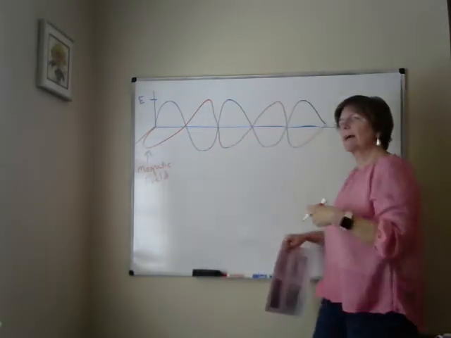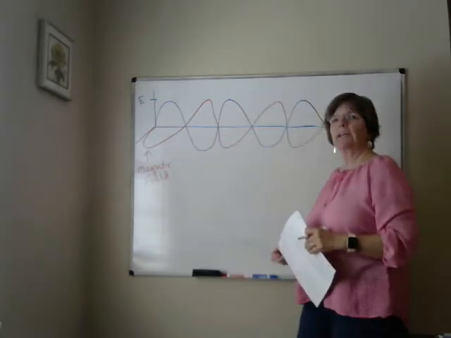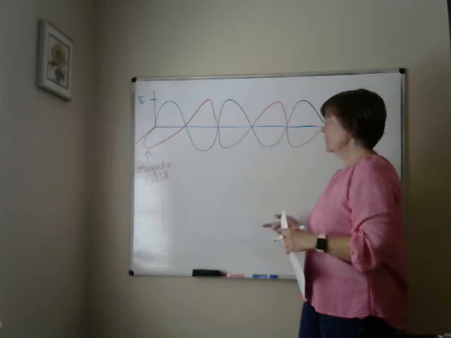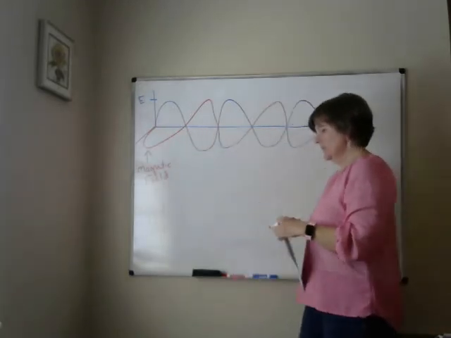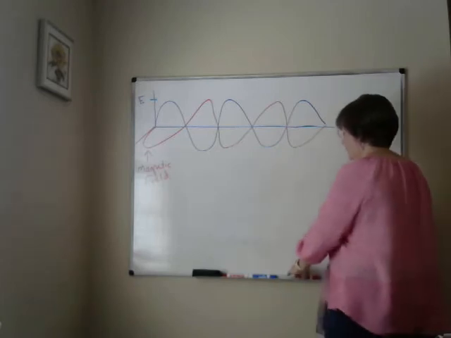So as long as we have a vibrating electric charge, it creates this changing electric field, and a changing electric field generates a changing magnetic field. And what you get is a self-propagating electromagnetic wave.